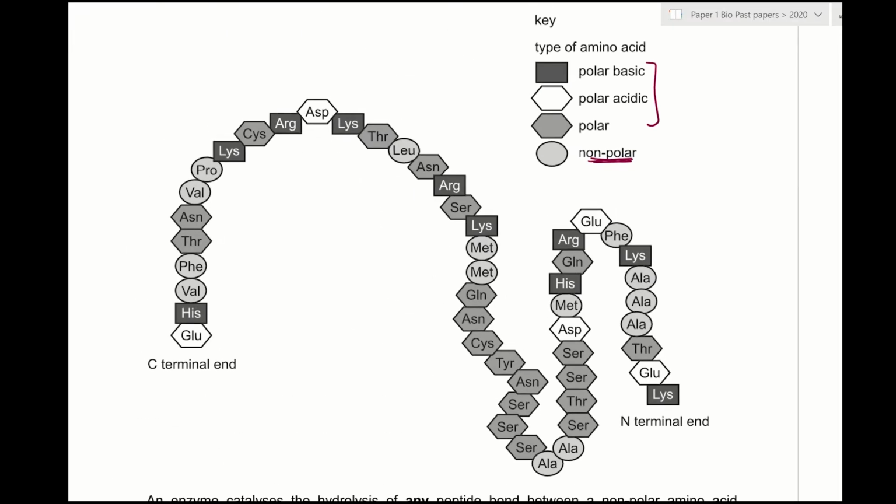Therefore, there's going to be a hydrolysis reaction here and here. Here there's a single amino acid formed. Same with here. Now, let's count how many polypeptide chains have been formed. Here we have 1, 2, 3.